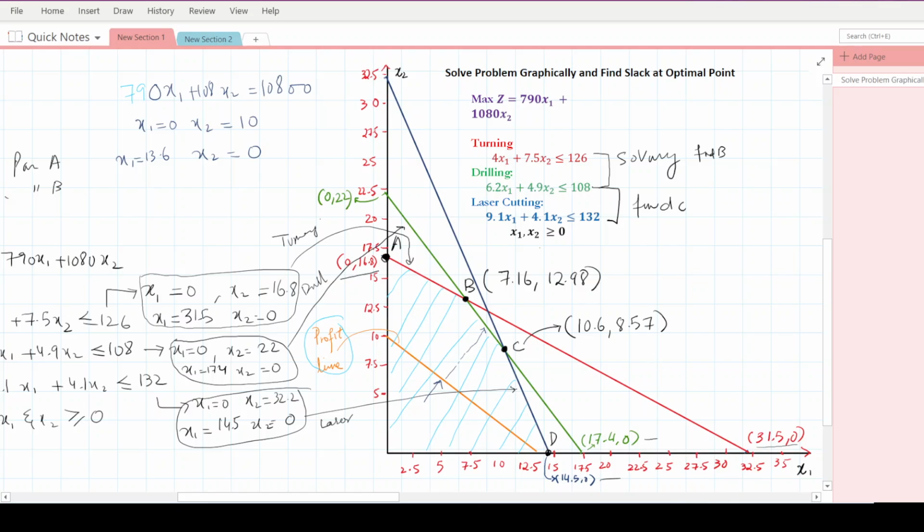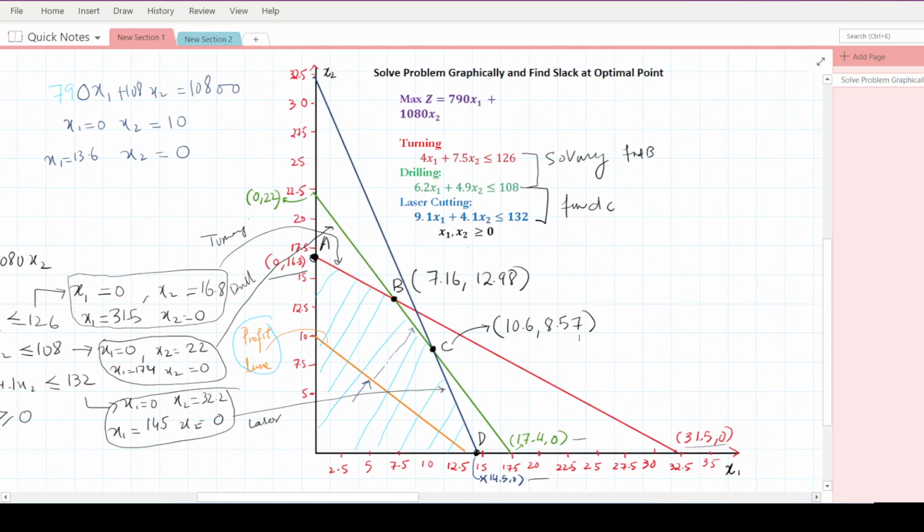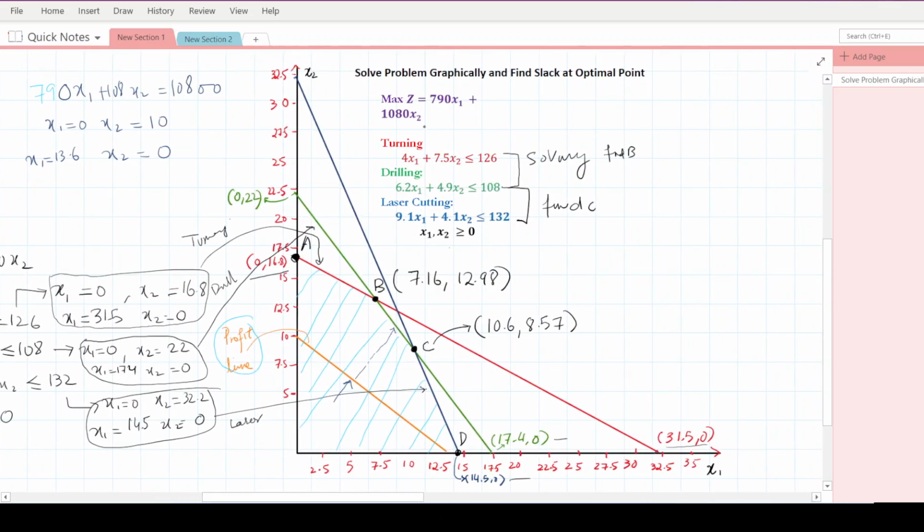Once you have found these coordinates, you can find the values of the profit at these points. To find the value of z at A, we simply put the coordinates of A, which is 0 comma 16.8, into the objective function, that is 790 into 0 plus 1080 into 16.8.